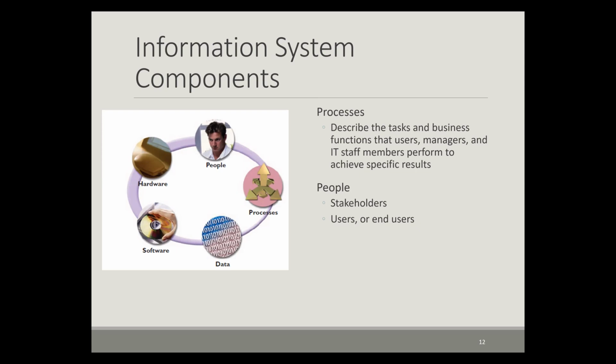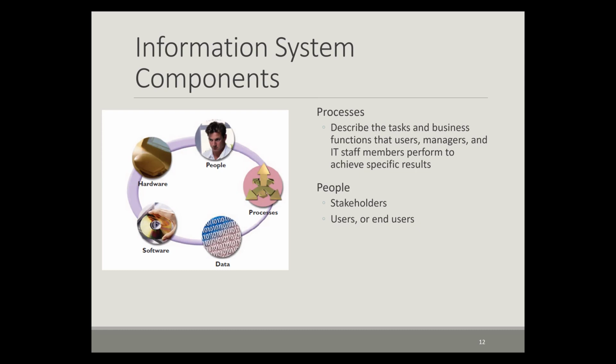Some of the processes can be done together or can be done anytime that you want. For example, if we want to print out our class schedule, you can print it anytime. You don't need to print it today. You may print it next month, something like that. Okay, these are the processes performed to achieve the specific results.